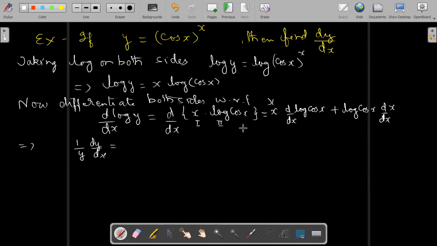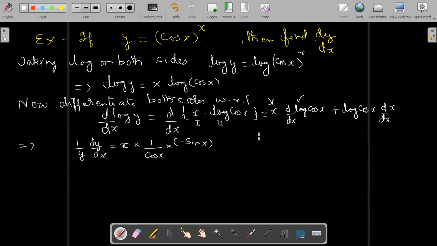Similarly here, x times the differential of log cos x. As we go from the outer one, the differential of log is 1 by cos x. Then inside, the differential of cos x is minus sin x, in the bracket.